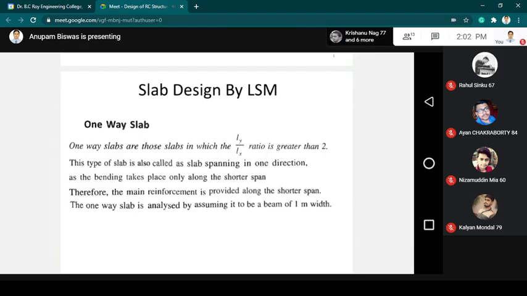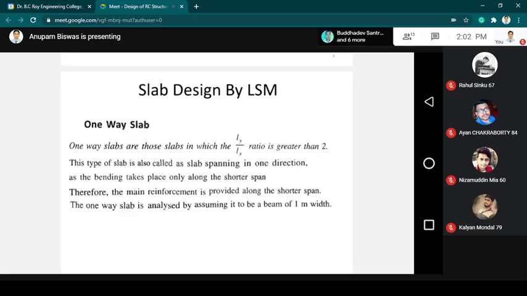So this is the significance of the one-way slab, where the bending takes place along the shorter span. Since the bending takes place along the shorter span, we have to provide the reinforcement along the shorter span only.